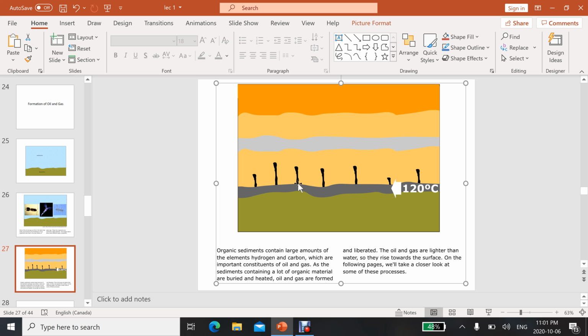That's why it is called the gas window. So you should keep in mind the temperature ranges for your organic material so that you can assess what type of hydrocarbon will be produced in the subsurface, either oil or gas. That can be interpreted based on temperature data.